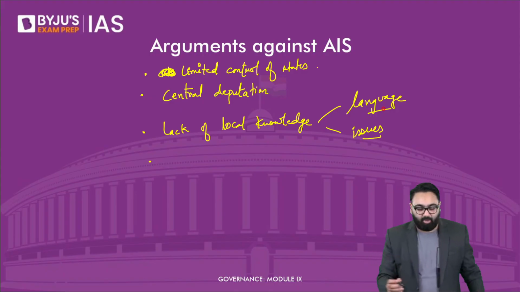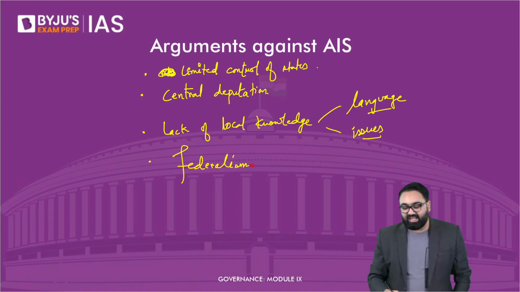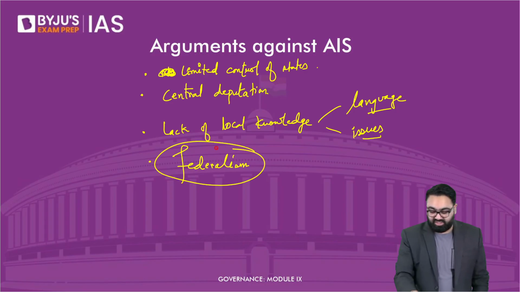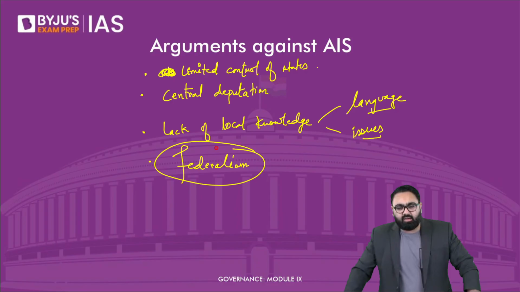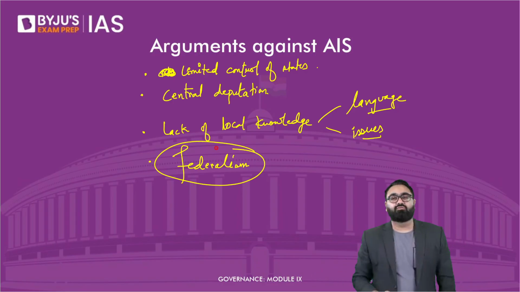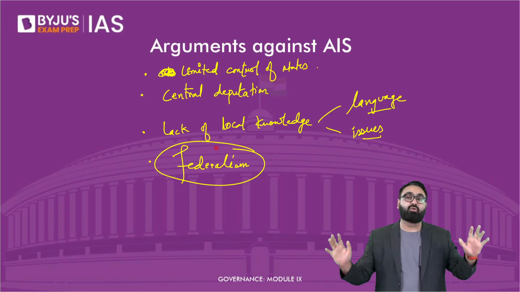Then comes the debate of federalism. States say that this is against our federal structure. The state governments say the center government sends officers, these officers then control the working of the state, and we don't like this. They say we are happy with our state civil officers, we can control them.